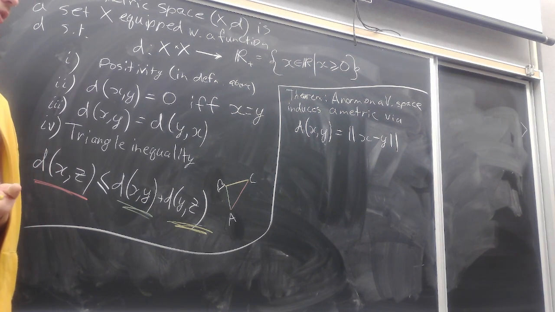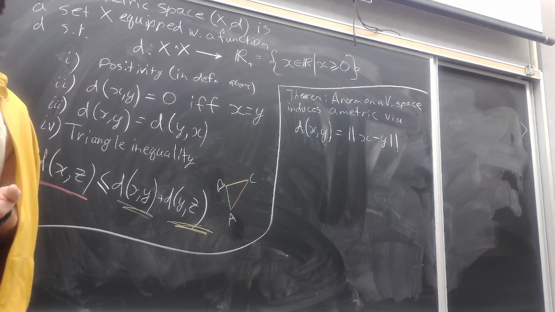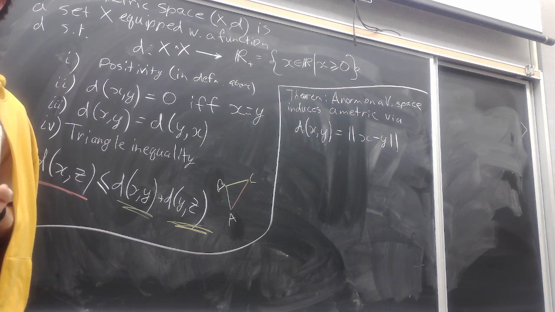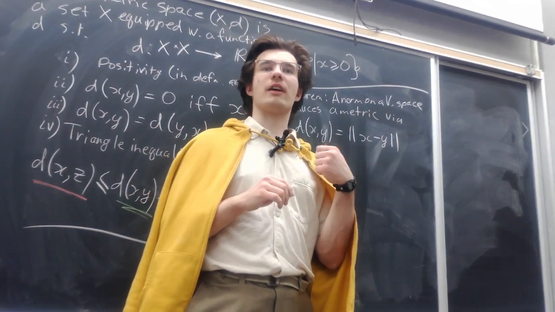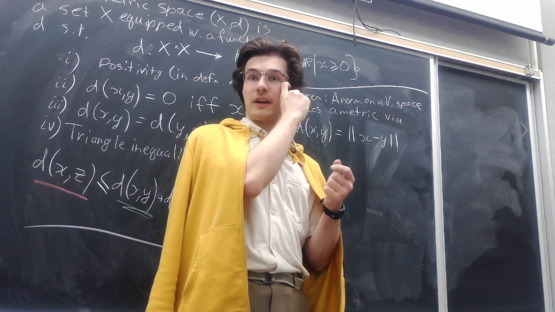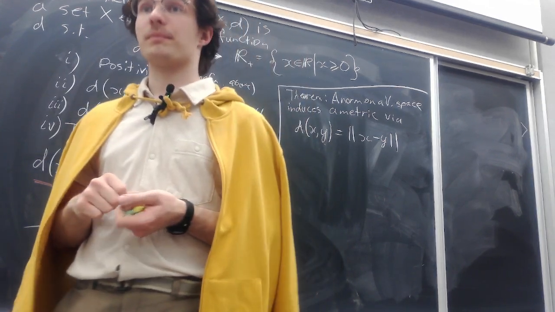Do people remember what the properties of a norm were? Positivity? Yes. And there was one more: the fact that I could factor out a scalar, and then I'd be factoring out the absolute value of the scalar.